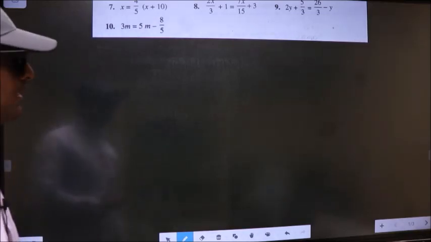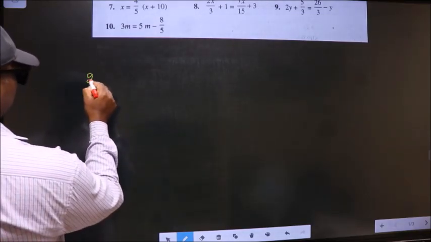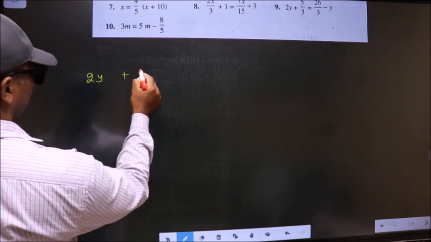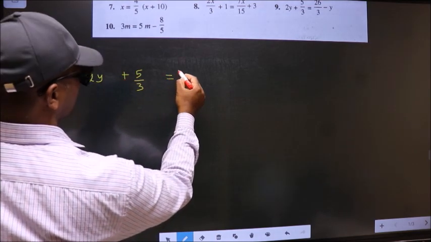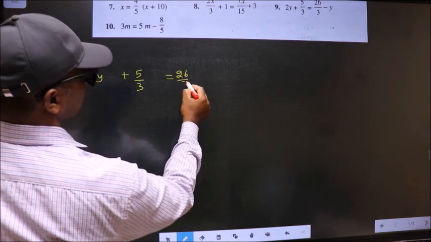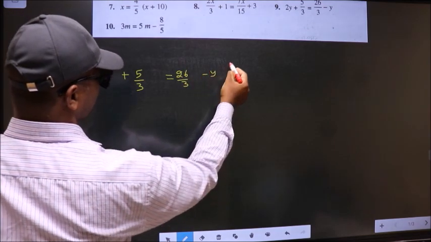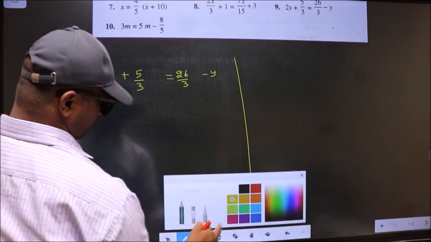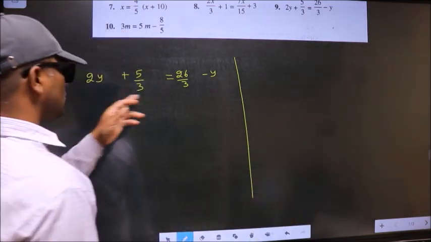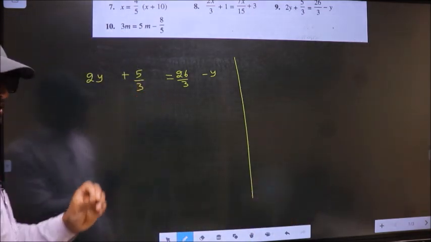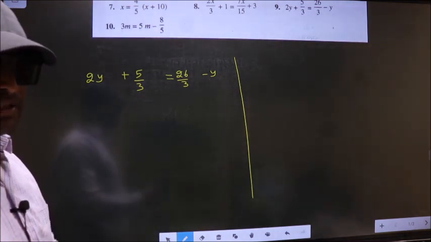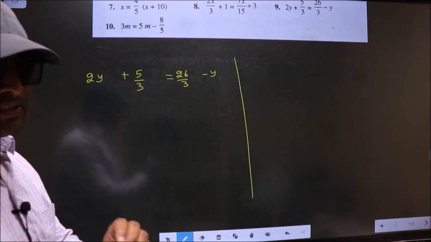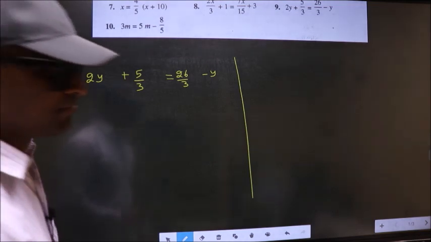Question 9. 2y plus 5 by 3 equal to 26 by 3 minus y. Now to solve this equation, first we should get rid of the denominators. To remove the denominators we should take LCM of them.